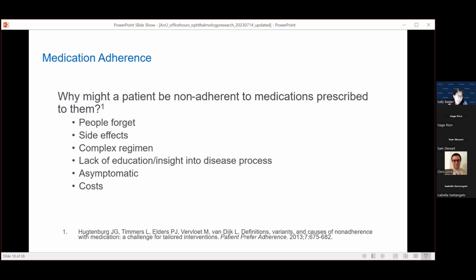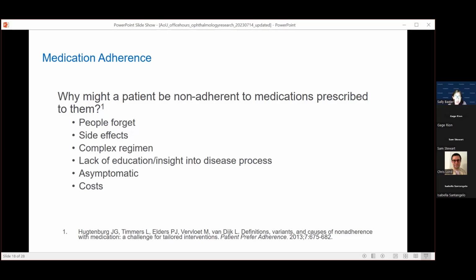They're saying, I have to take all these pills for my diabetes and my heart disease. And a lot of times, the eye drops don't necessarily get prioritized. And then once they find that they're losing their vision, it's often too late. There's also lack of education or insight into the disease process. They may not know how the disease progresses or what the role of the medication is in preventing disease progression. As I mentioned, it can be asymptomatic.